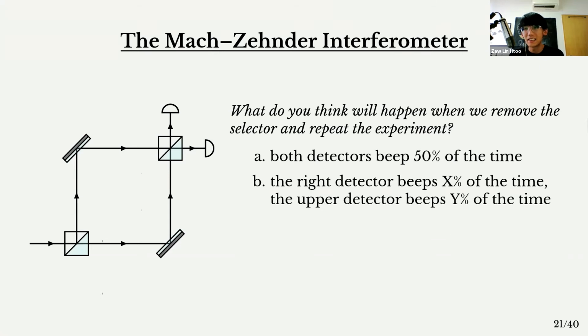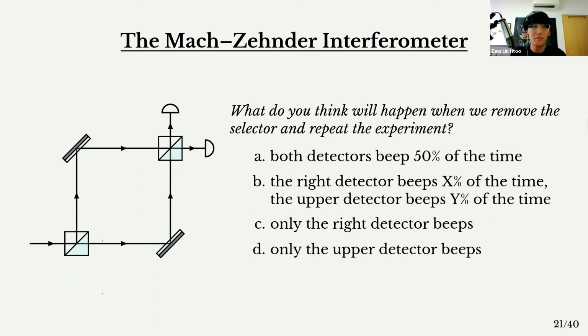Do you think it will be something similar, but maybe not 50-50? Do you think only the right detector will fire, or do you think only the upper detector will fire? I'll give everyone 1 minute, and you can type the answer in the chat. And in the meantime, if you have any questions so far, please do ask them.